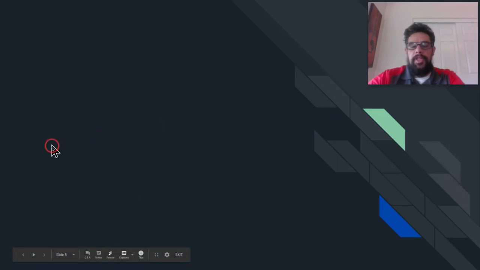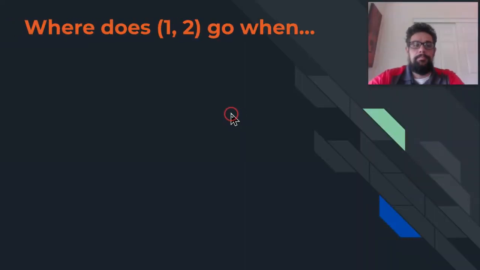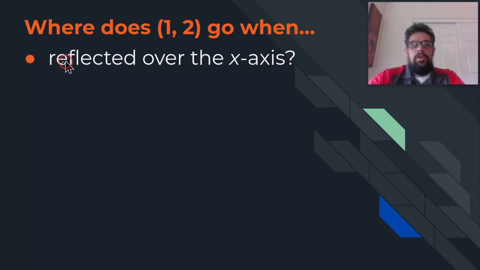And then when it's a reflection across the y-axis, it's going to be a little different. That one only works for the x-axis. So then the last one that we did here, you're going to see it does matter what axis it is reflected on. We have 1 comma 2. Where will it go when it's reflected across the x-axis? That's like the ones we just did. The 1 will stay the same. The 2 will change. So that will be 1 comma negative 2. Over the x-axis, the y changes, but the x stays the same.